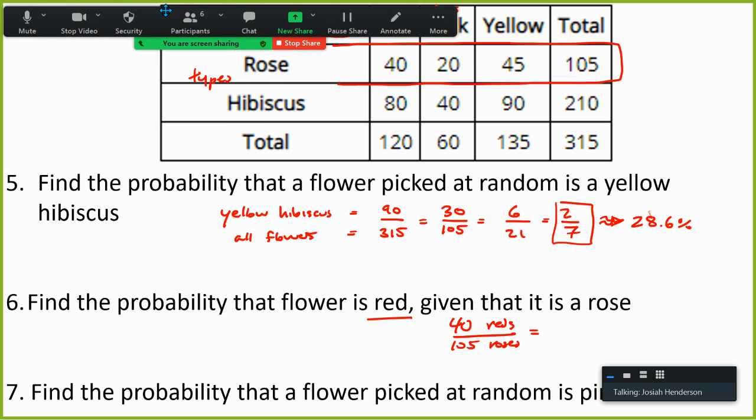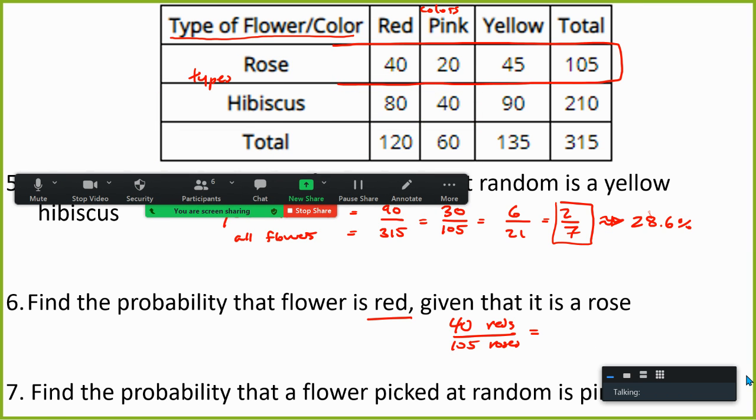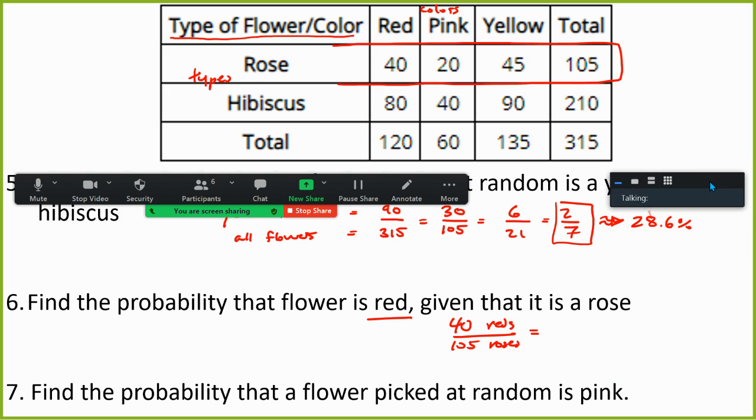Let's see number 7. Find the probability that a flower picked at random is pink. It's not saying given that, so we're back to the entire table.